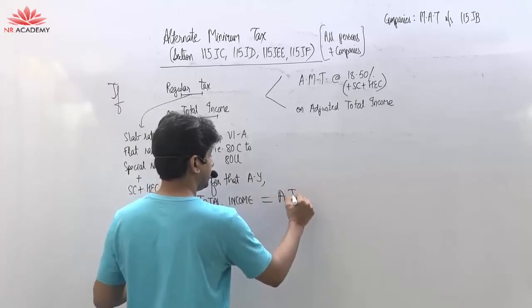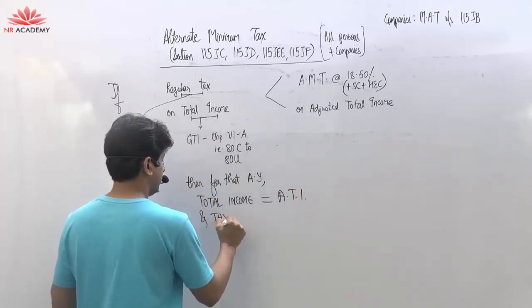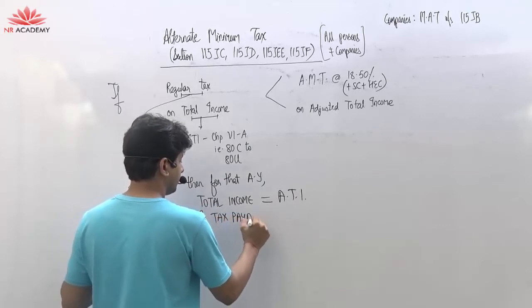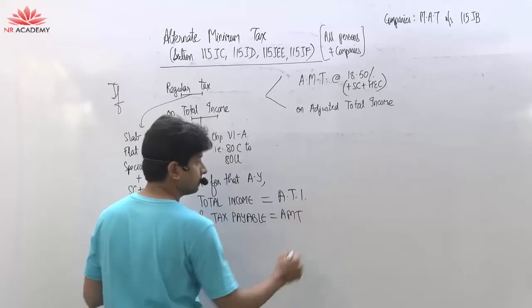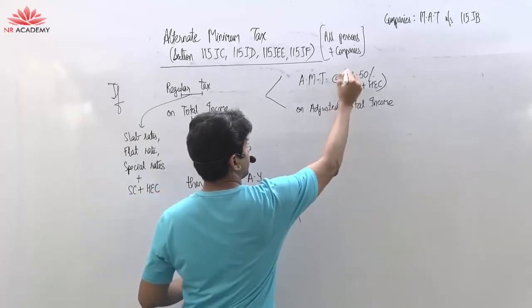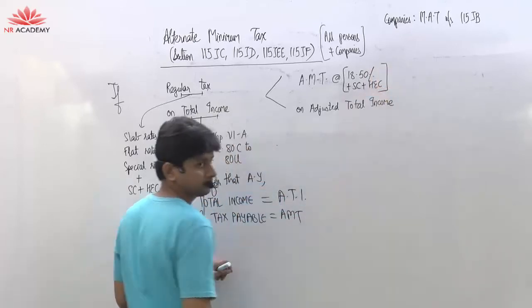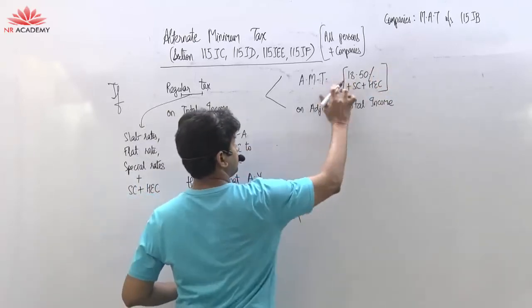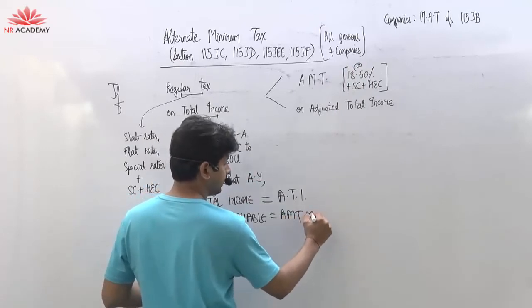It will mean the adjusted total income, and the tax that is payable is your alternate minimum tax, which is calculated at 18.5% plus your surcharge plus health and education cess. Then this AMT is your tax payable.